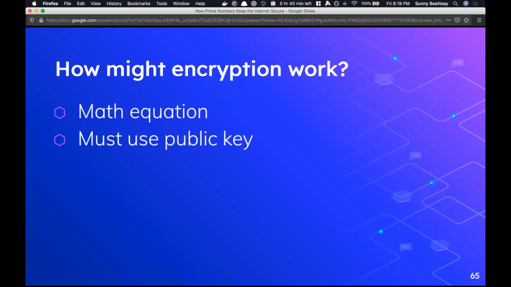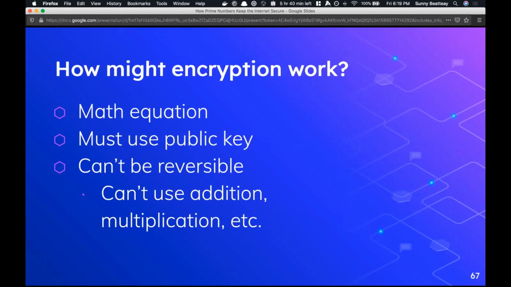But the most important thing I mentioned earlier is that encryption is a one-way function. It can't be reversible, meaning we can't use math operations that are reversible. So we can't use addition or multiplication, because, for example, if I added my public key to a message, a hacker could easily subtract the public key and get back the message. That wouldn't be very secure.